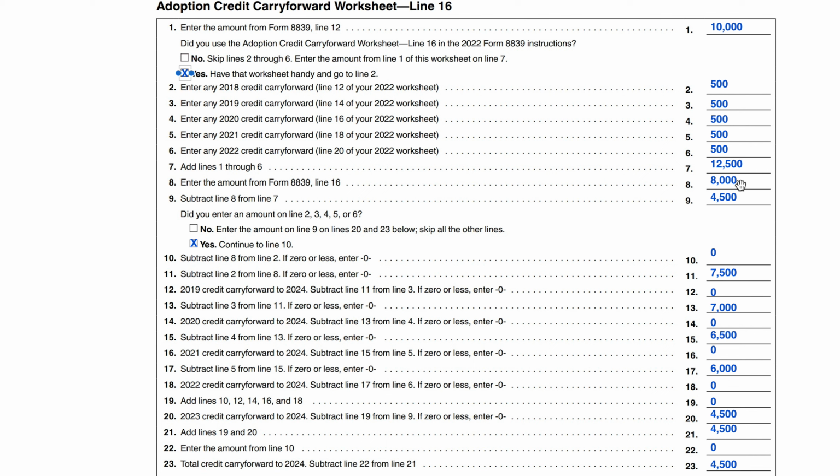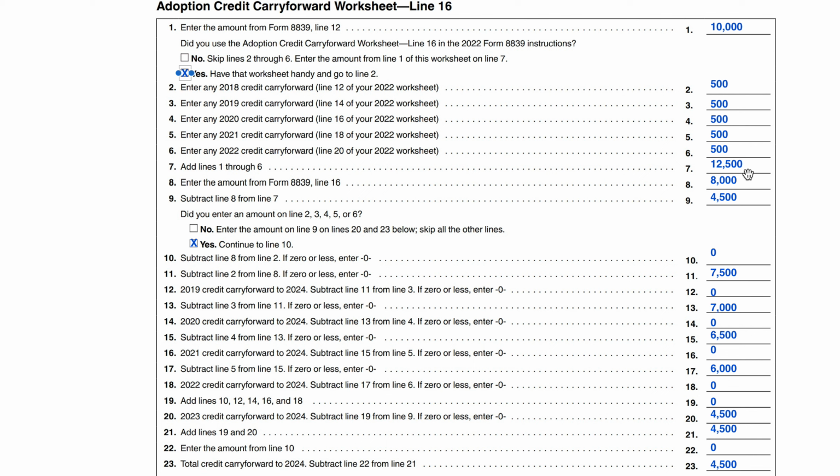So we'll put a link in the show notes to a video that we've done on the credit limit worksheet. But let's just say that the adoption credit came in at $8,000 because of that worksheet limitation.